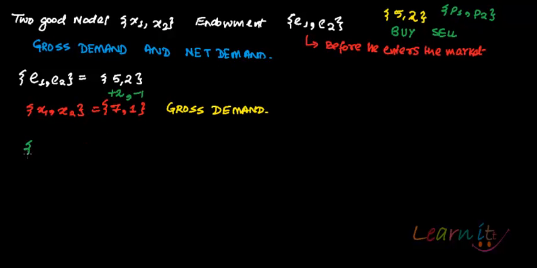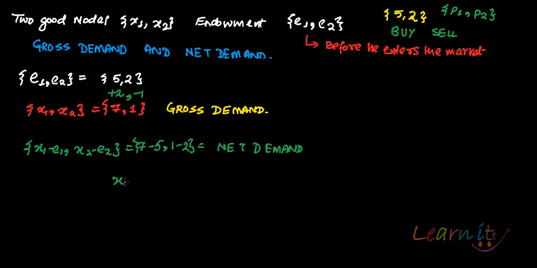So this difference between the final demand and the respective endowment is basically the net demand vector. So these are basically net demands. If you find that net demand, in this case X1 minus E1, is greater than 0, he is a demander of good 1.